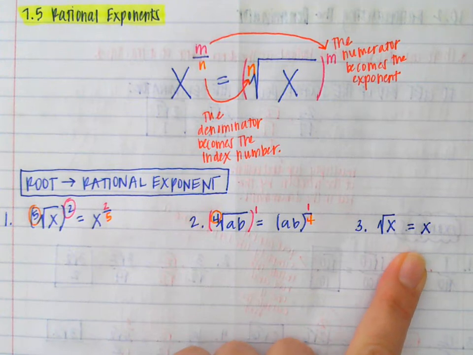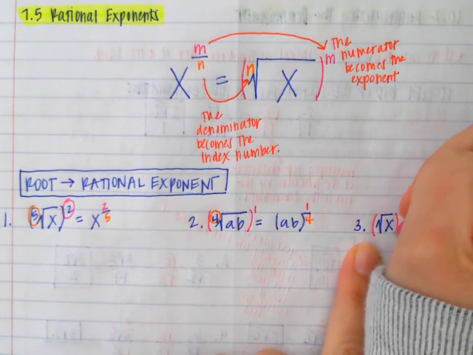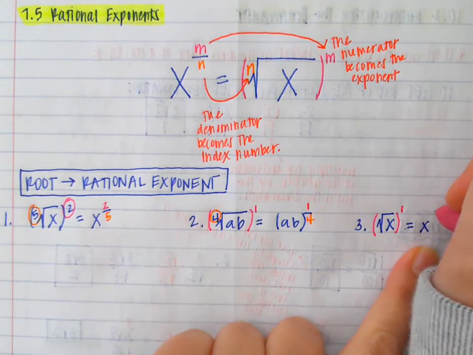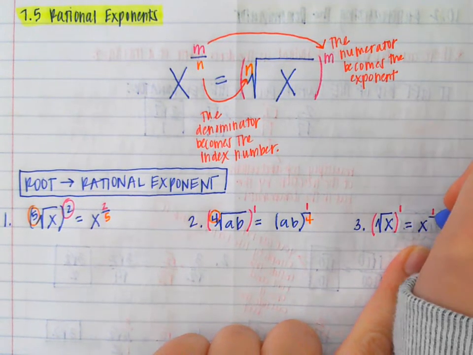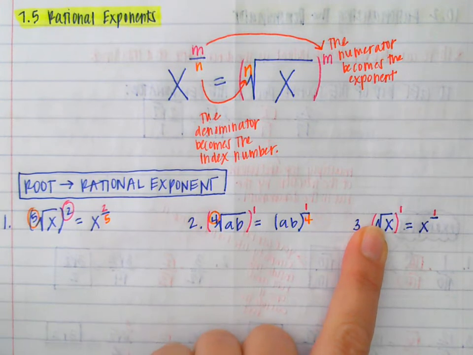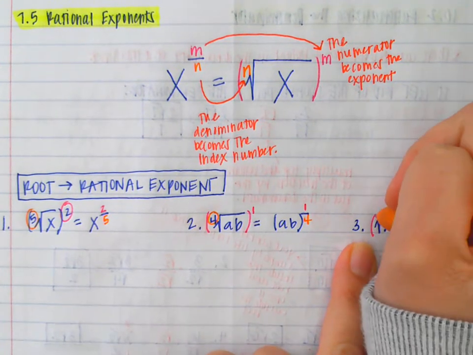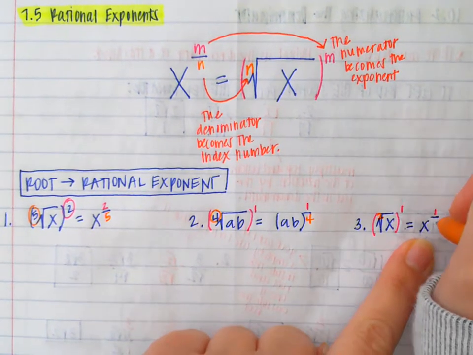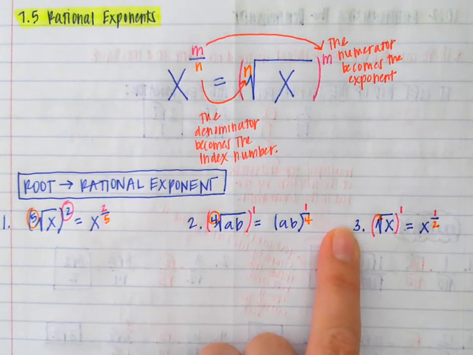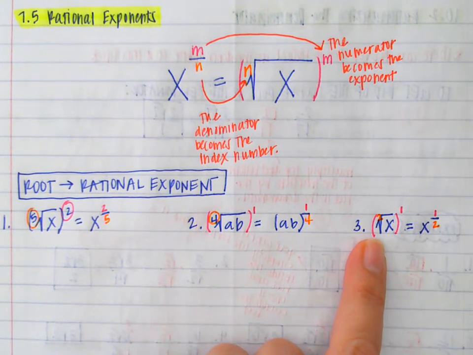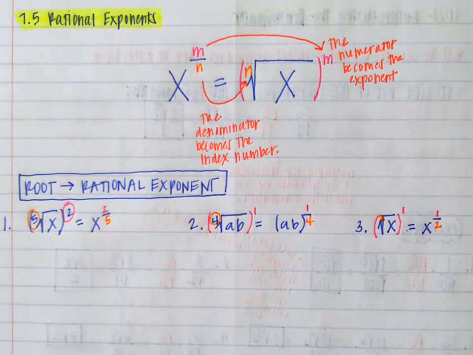There is no exponent, so we can assume it's 1, and that goes on top. And there is no index number, but remember, when there is no index number, we can assume the index number is 2. So x to the 1/2 is the same as the square root of x, which is super important, and one that we use often.